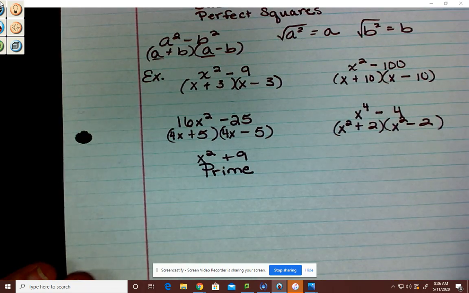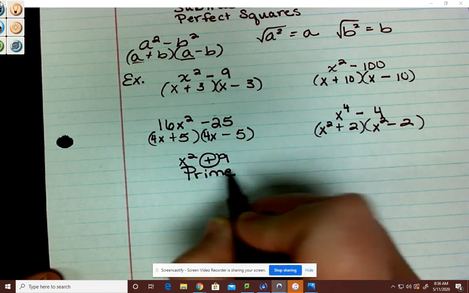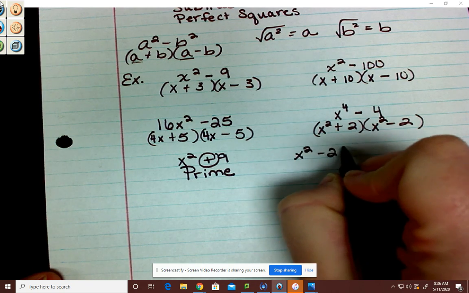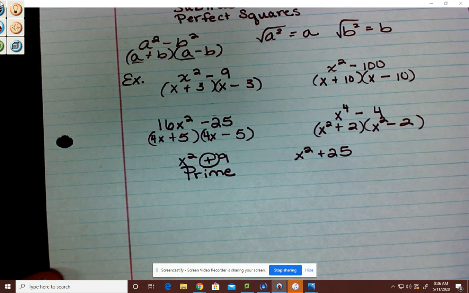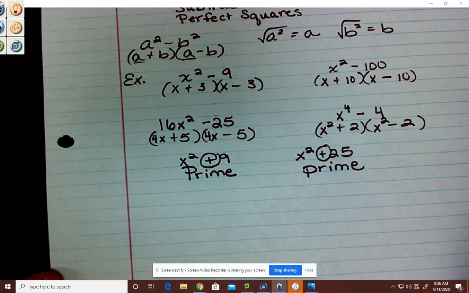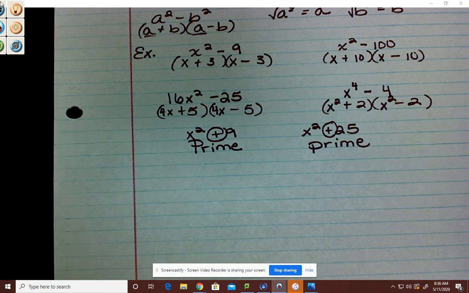That means it can't be factored. So if we see a plus sign, we're going to put prime. If I have x squared plus 25, that plus sign tells me to put prime, because it looks just like a difference of squares, but it has plus.